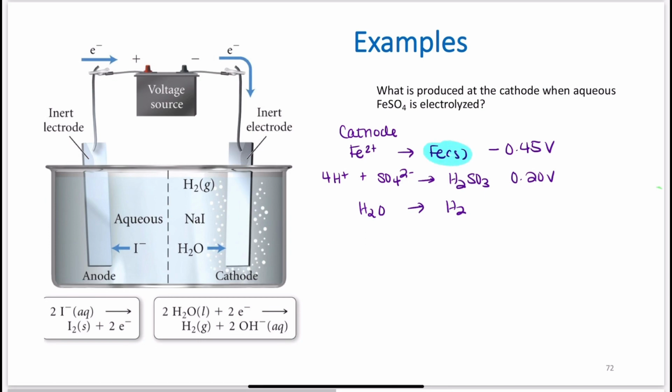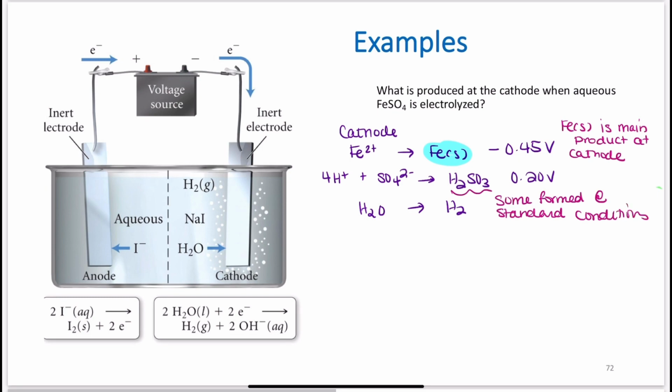Fe solid is actually the main product. At the cathode, some H2SO3 is going to be formed at standard conditions. Remember, standard conditions means that every concentration is 1 molar, but not much. Very little is actually going to form.